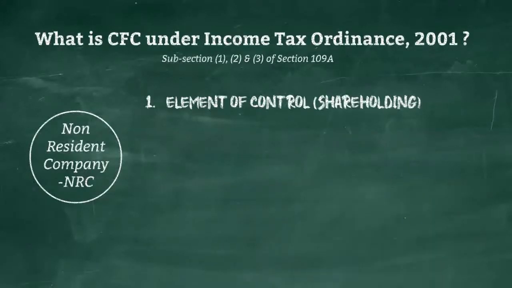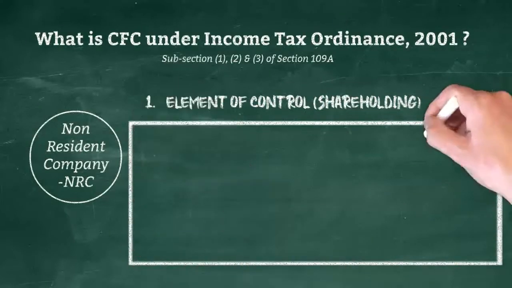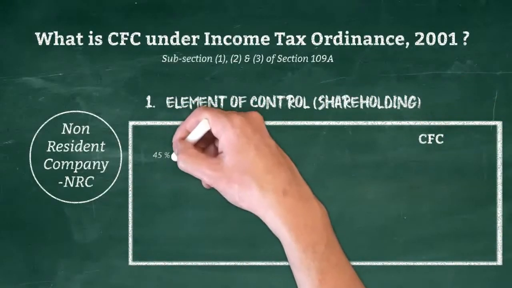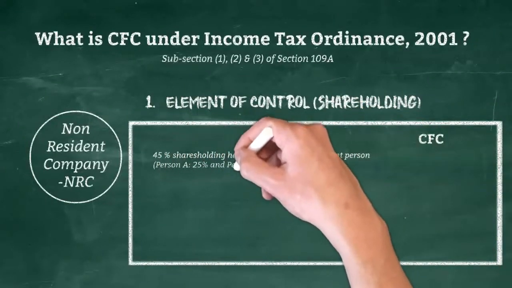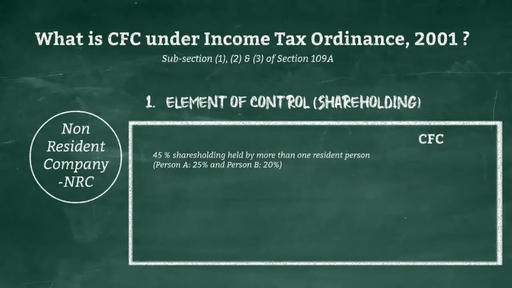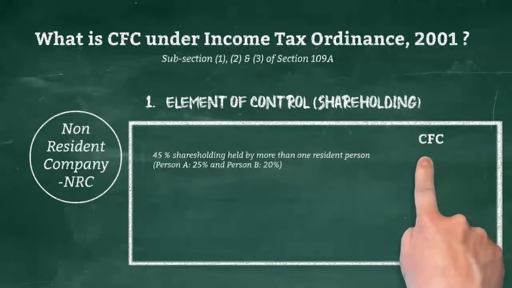Let's try to explain it through an example. For instance, there's 45% shareholding in a non-resident company held by two persons, A and B, where A holds 25% and B holds 20%. Here, none of the conditions is fulfilled, as the total holding is less than 50% and neither of them holds 40%, so it's not a CFC.